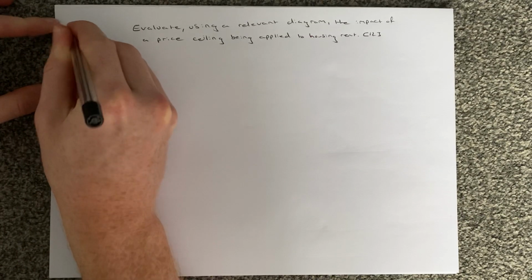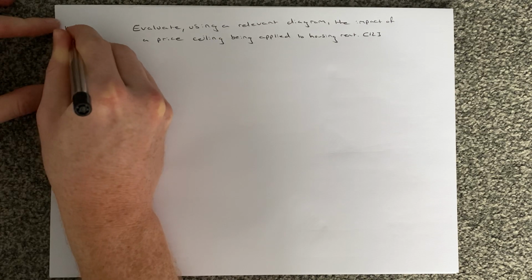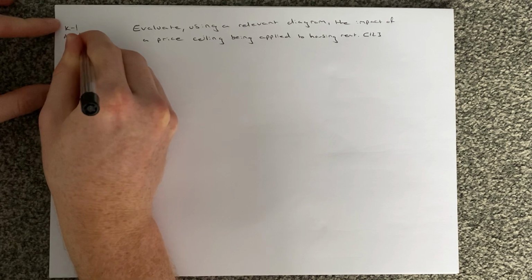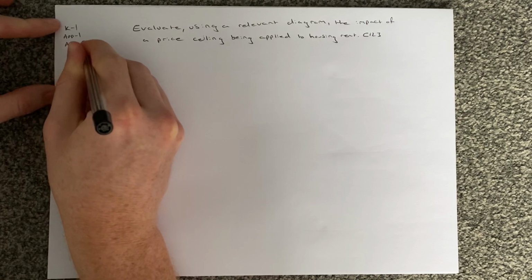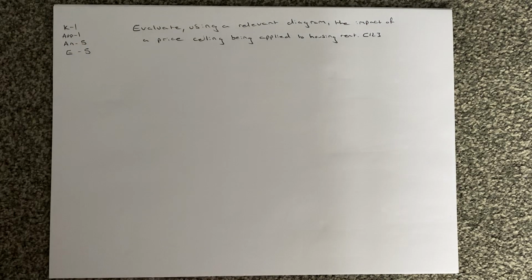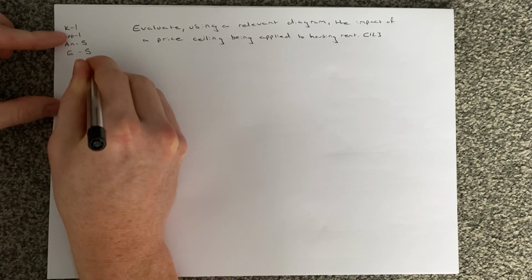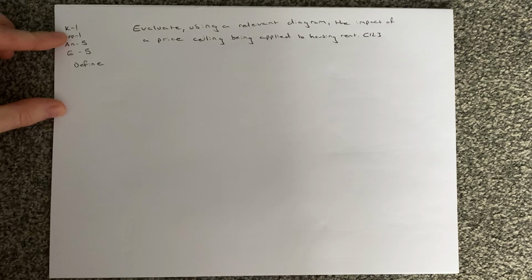You've got 1 mark for knowledge, 1 mark available for application, 5 marks available for analysis, and 5 marks available for evaluation. And basically how this type of response should be answered is, as we always do, we start off with our definition. So define key terms.